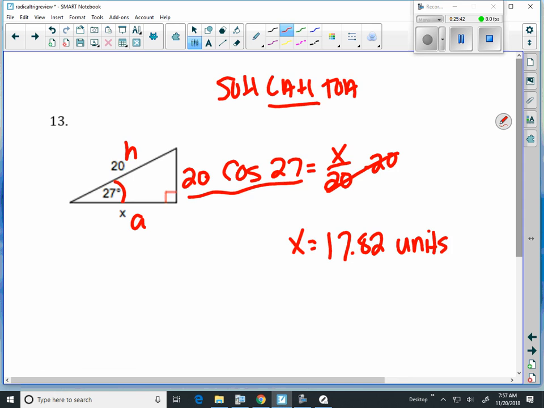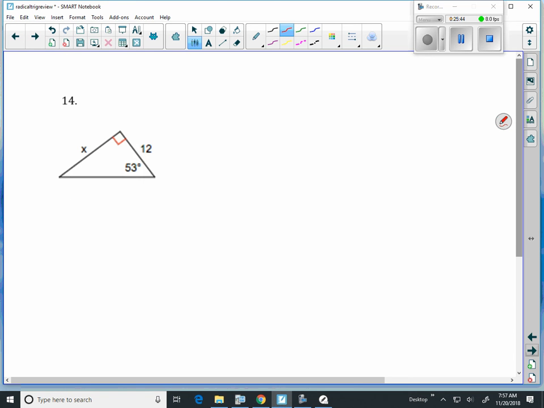Okay, last one together. If we look at 53, how does X relate to 53? Kind of a weird looking triangle. It's turned a little bit. Is it opposite? Is it adjacent? Is it hypotenuse? What is that X?